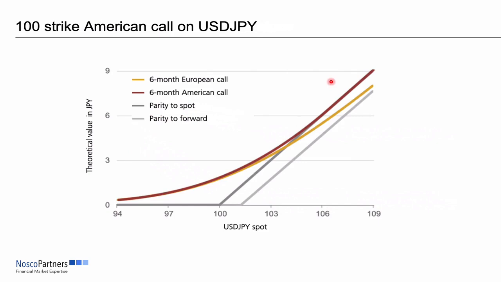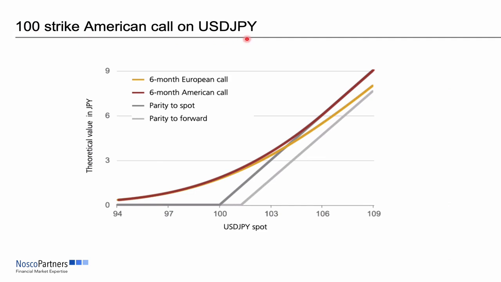Let me, as a last little hint about American options, let's look at a currency option. So here's an FX option. We have a 100 strike American call on the currency pair US dollar yen. So that means you have the right to buy a US dollar for 100 yen.